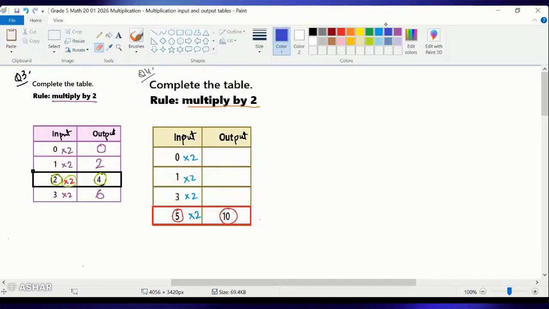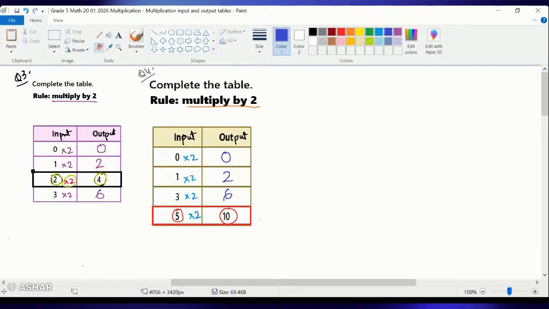So for the missing numbers, 0 multiplied by any number stays as a 0, right? 1 multiplied by 2 is 2, since 1 multiplied by any number stays that particular number. 3 multiplied by 2 would be 6, right?